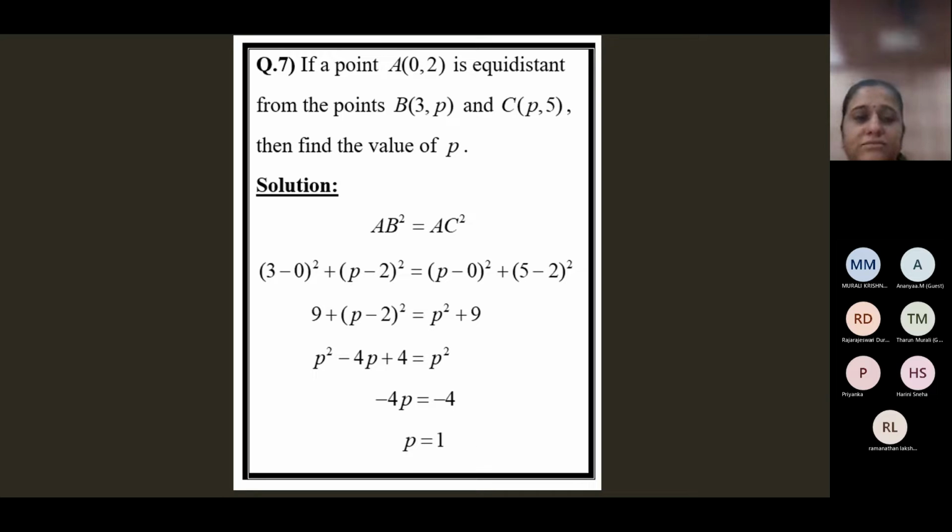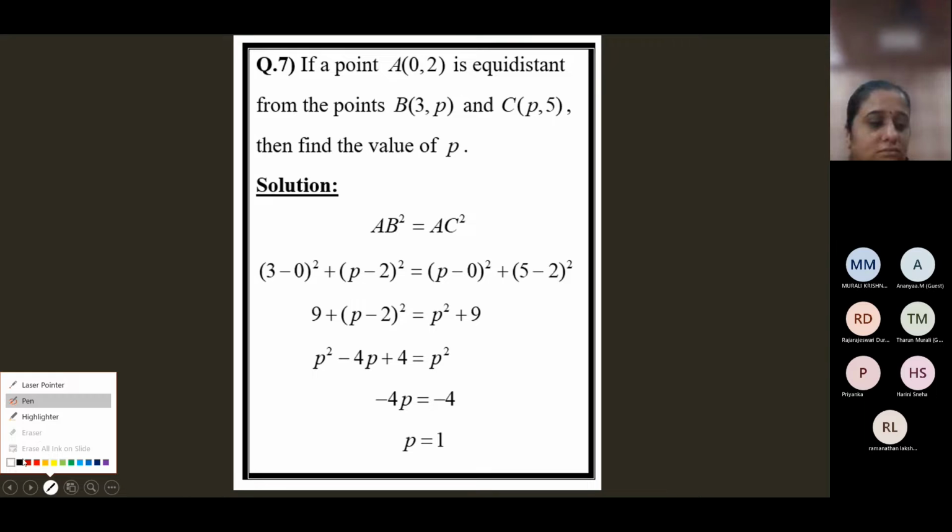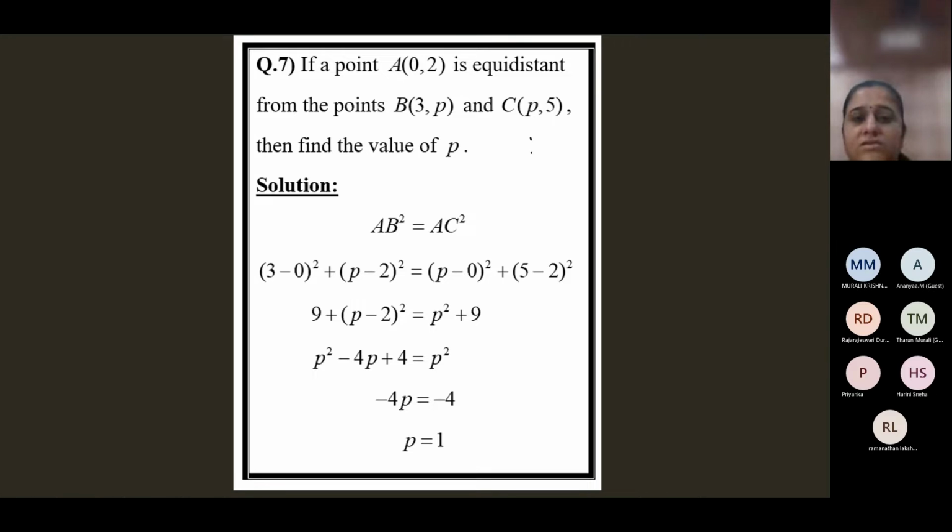So see here. A is equidistant from B and C. That means AB is equal to AC, or AB square is equal to AC square. So how do you write AB square?